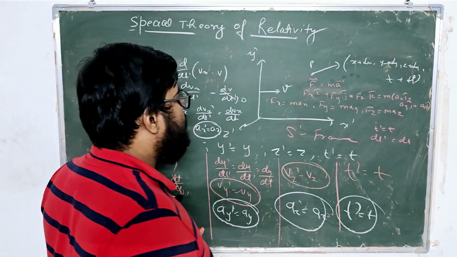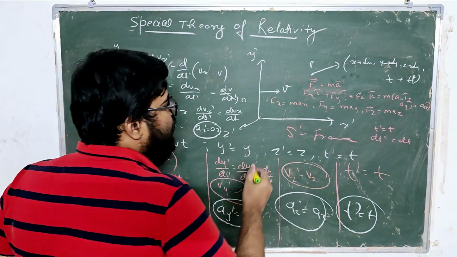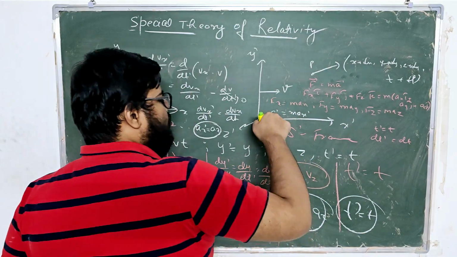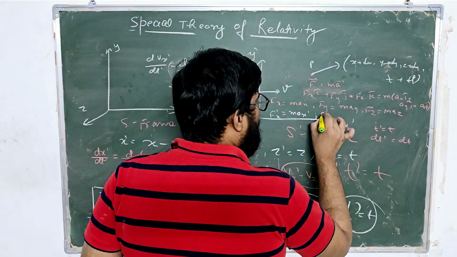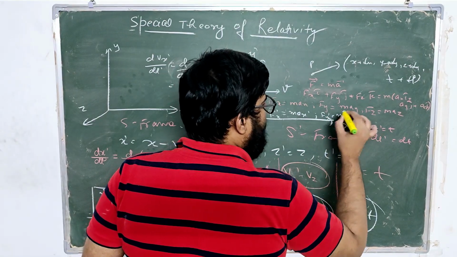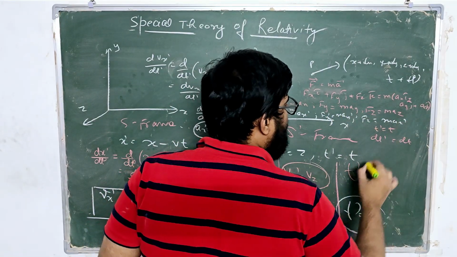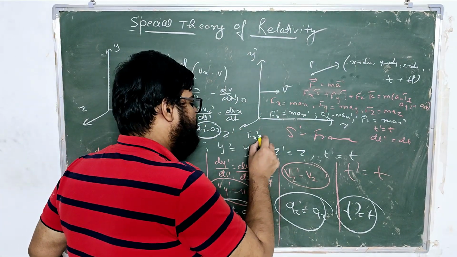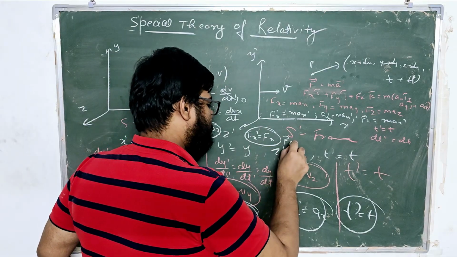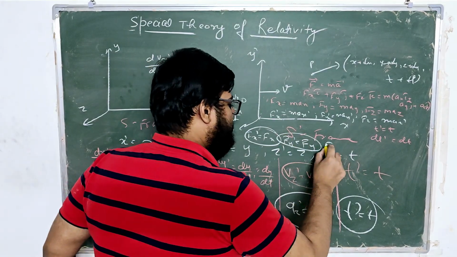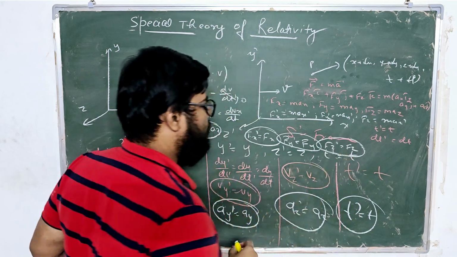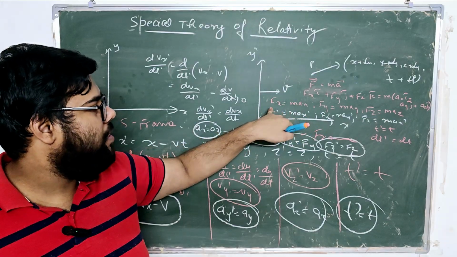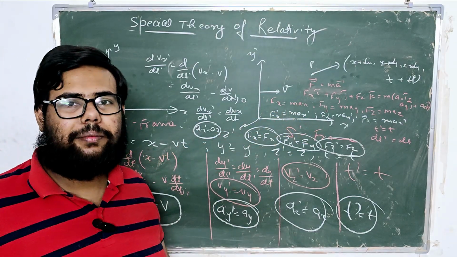So when you apply the transformation, it should be max' equal to Fx' measured from the S' frame, Fy' equal to may', and Fz' equal to maz'. Now since ax' is equal to ax, this means Fx' is equal to Fx. Just check it once. ax' is equal to ax, so max is equal to Fx, so Fx' is equal to Fx.